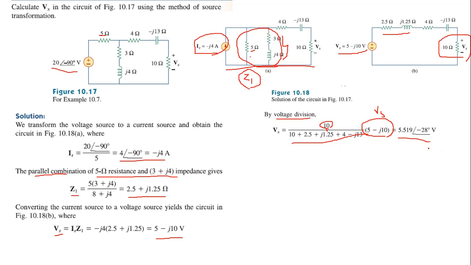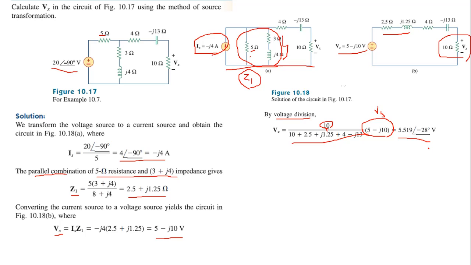So this is how we find the value using source transformation. Source transformation is converting a current source into an equivalent voltage source and vice versa. When we have a voltage source in series with an impedance, that can be converted into a current source in parallel with the same impedance.